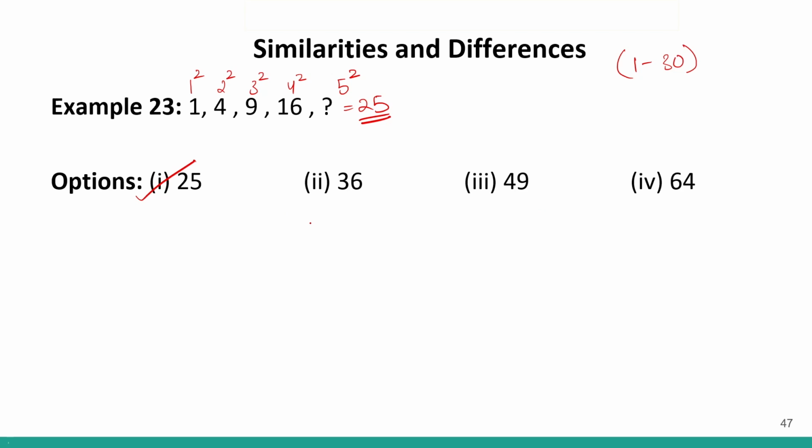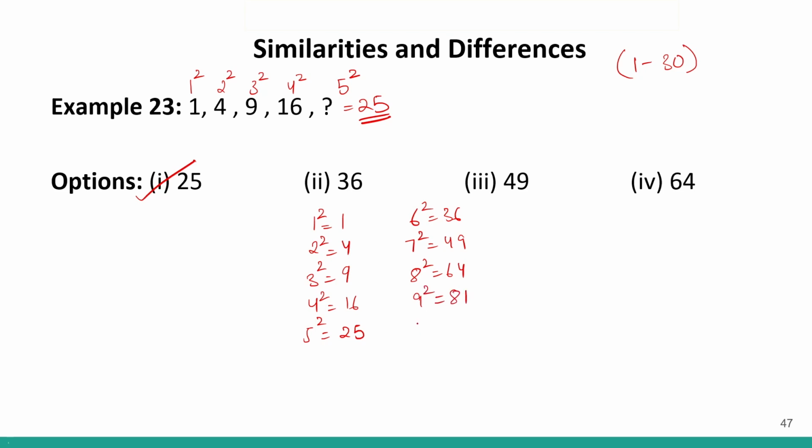Now, for your reference, I am writing the squares of certain numbers that you can remember. 4 square is 16, 5 square is 25, 6 square is 36, 7 square is 49, 8 square is 64, 9 square is 81, 10 square is 100.